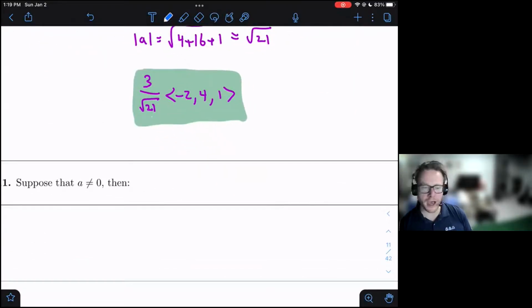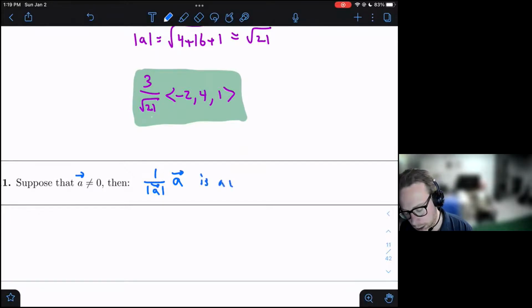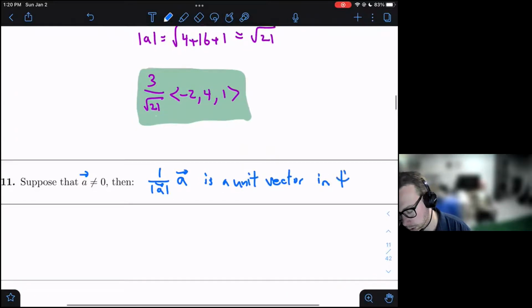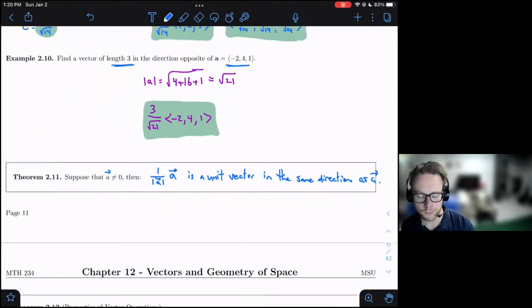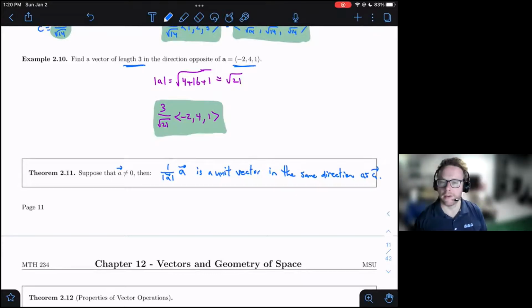So suppose that you have a non-zero vector A. Then if you take your vector A and you divide by the length of it, the magnitude of the vector A, this is a unit vector in the same direction as A. So again, we just take that reciprocal, or we divide by the length of that vector, and this gets us a unit vector in the same direction.